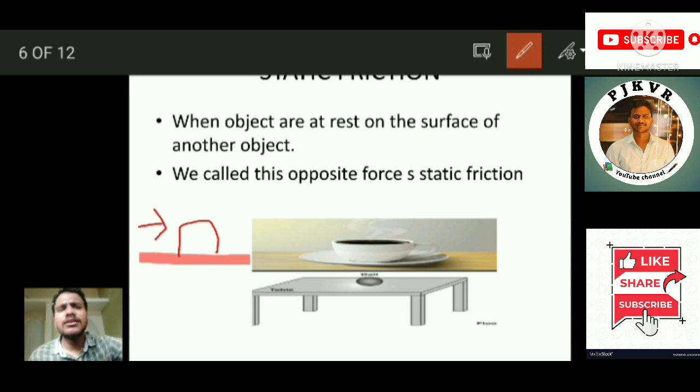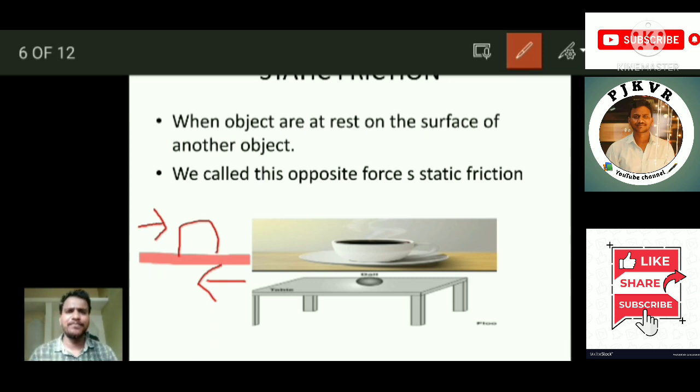This is the force direction. When applying the force, suppose there is a heavy box. When the force is applied, the box cannot move because there is a frictional force opposite in direction. This is the frictional force. It is always opposite to the direction of the force.